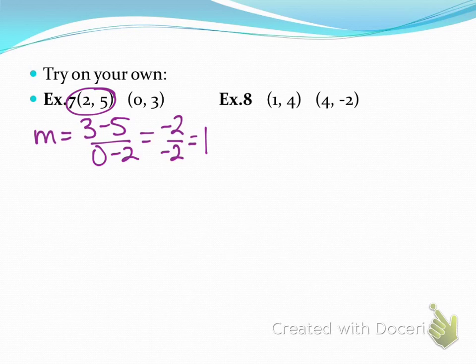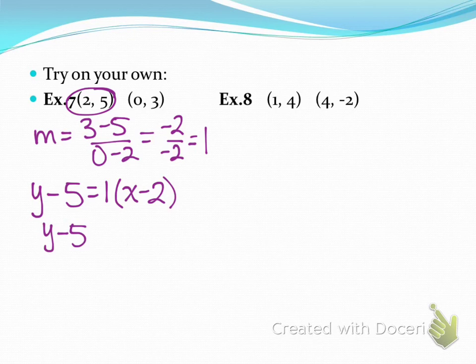So what's my point slope form going to be? Very good. When we distribute a 1, is it going to change anything? Will multiplying by 1 change x or the minus 2? No. So this is just going to be x minus 2 when we distribute.